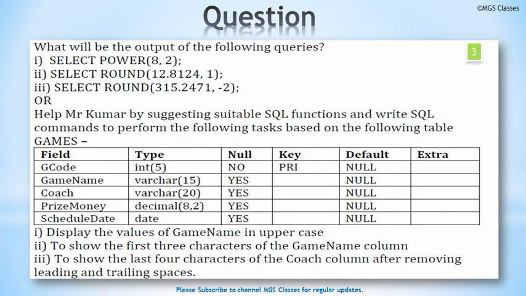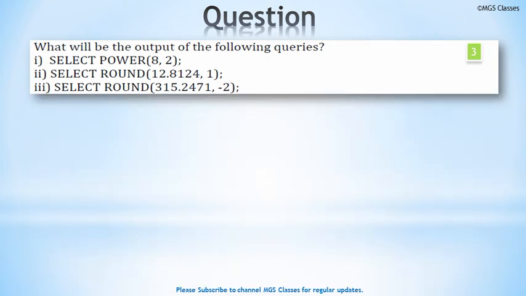So let's see the first portion of the question and solve it. So the first portion of the question is, what will be the output of the following queries? So I am writing the first output. So power 8,2. I have already made a video on the power function, how you can calculate or apply the power function to predict the output.